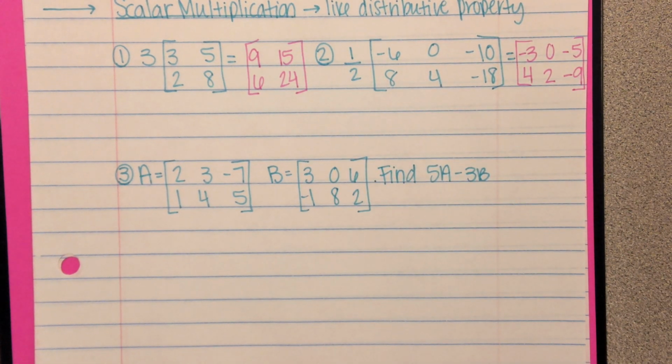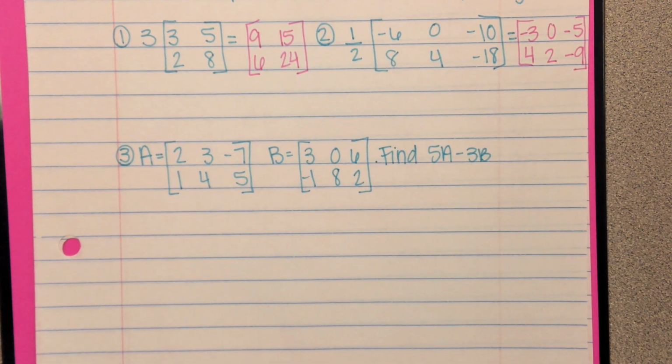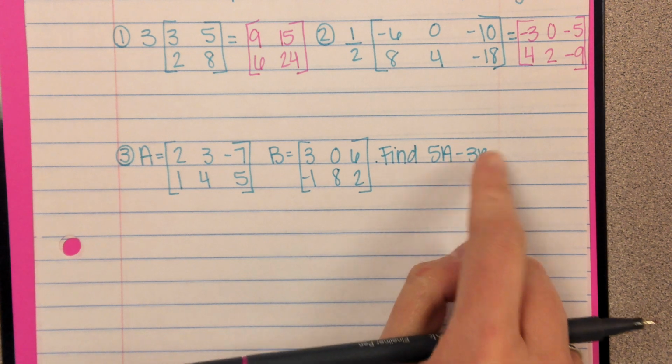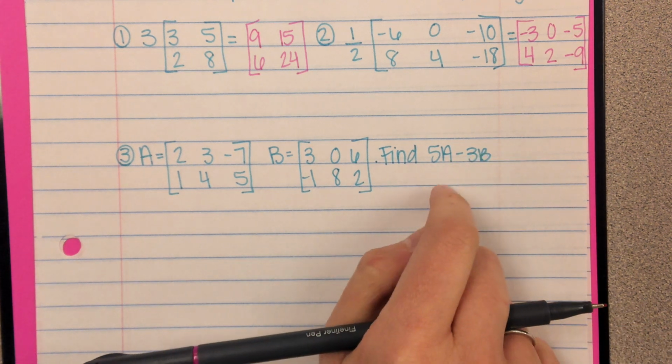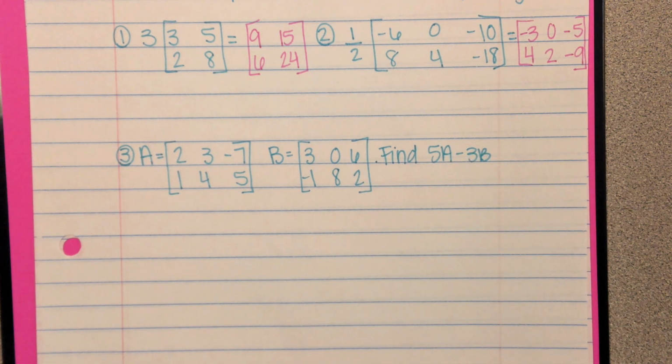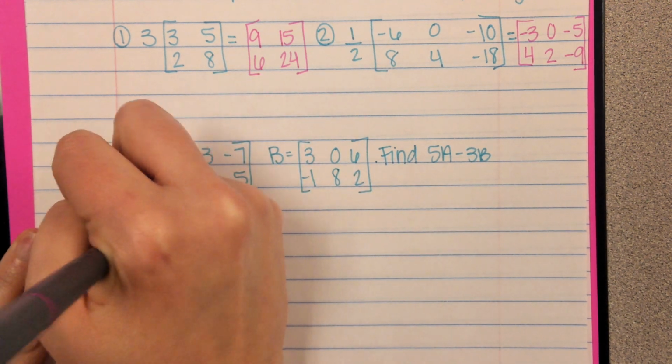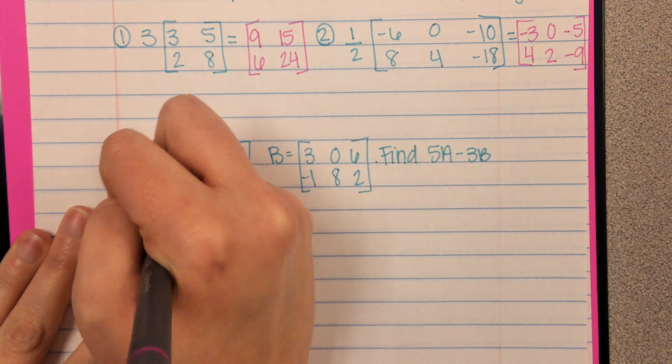Okay? And then number 3, you're given A, you're given B, and it wants you to find 5A minus 3B. So we're combining operations here. We're going to have to do some scalar multiplication, and then subtraction. So just for example's sake, I'm going to write it all out.